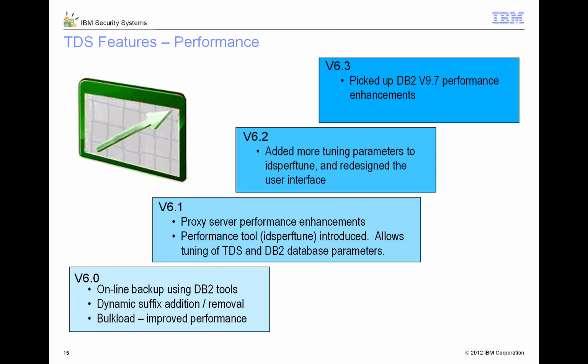In 6.1, we introduced a performance tuning tool, which is typically used in tuning the performance parameters of TDS and the underlying DB2. We also introduced certain proxy server performance improvements.